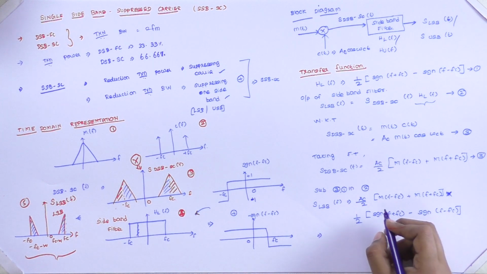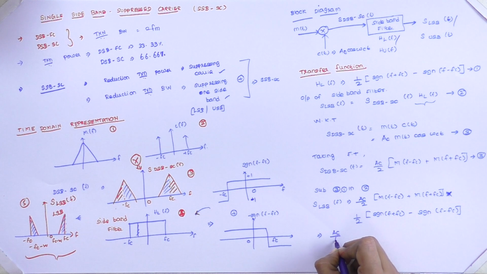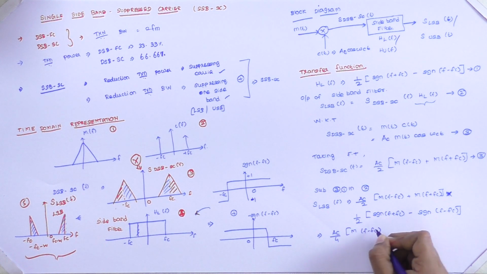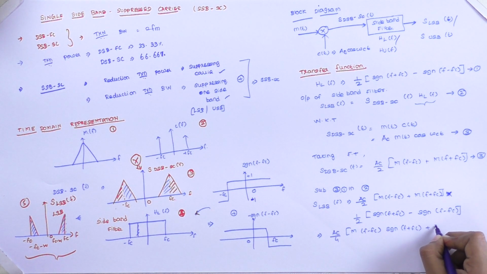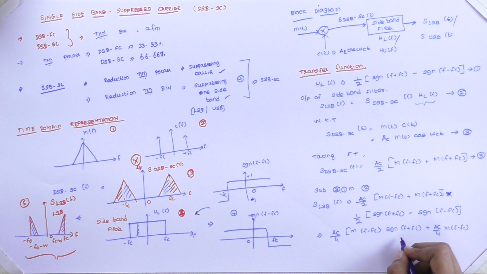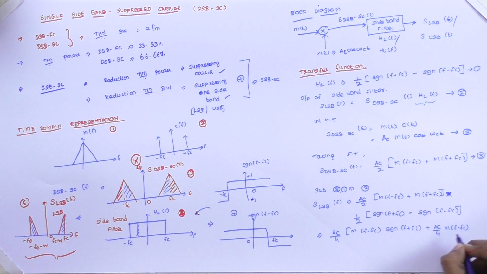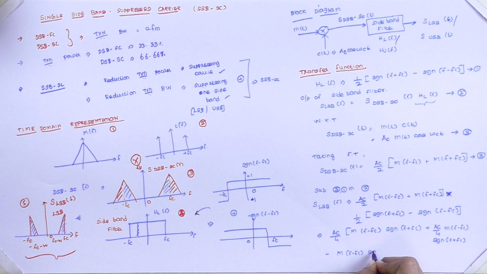So, by taking the cross multiplication, Ac by 4 M of f minus fc signum of f plus fc, plus Ac by 4 M of f plus fc signum of f plus fc, and then minus M of f minus fc signum of f minus fc, minus M of f plus fc and then signum of f minus fc.